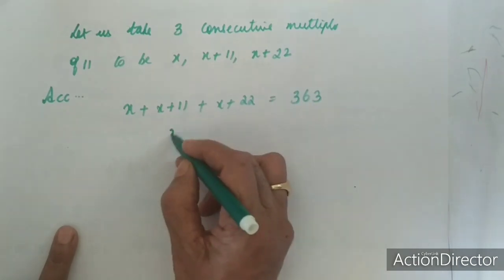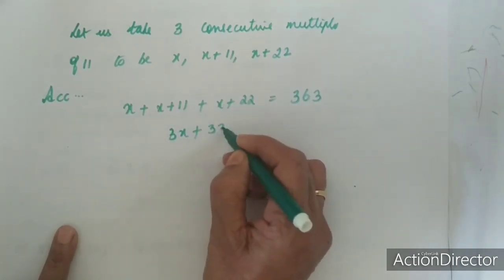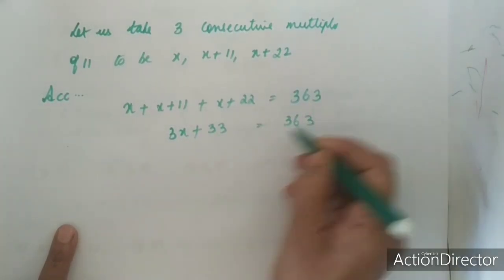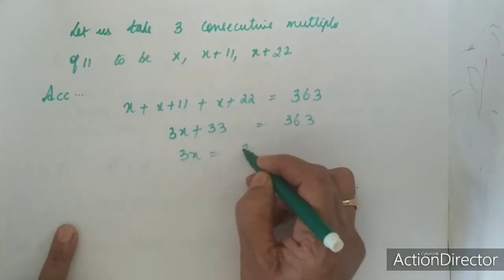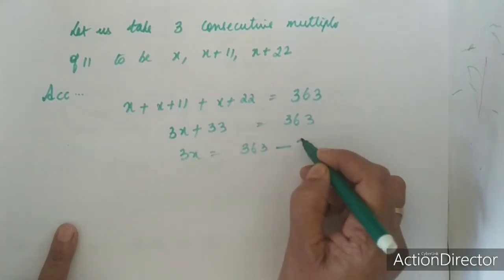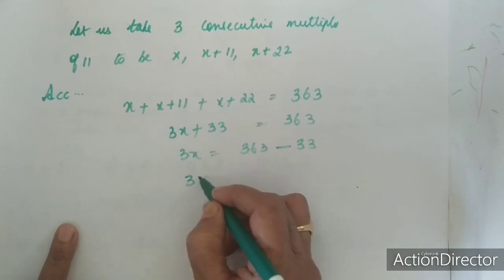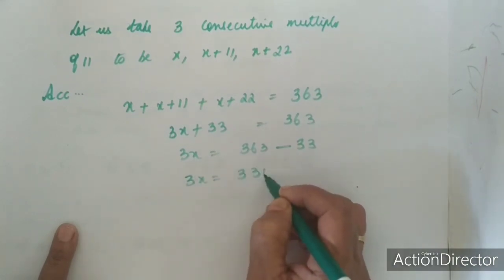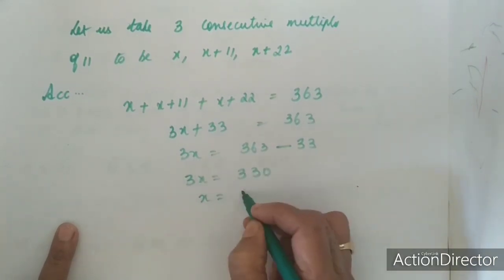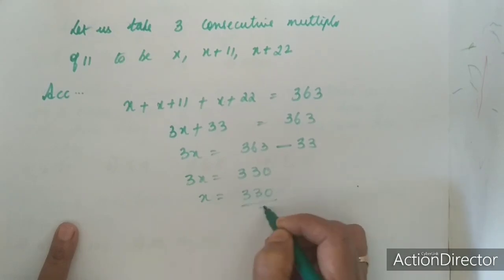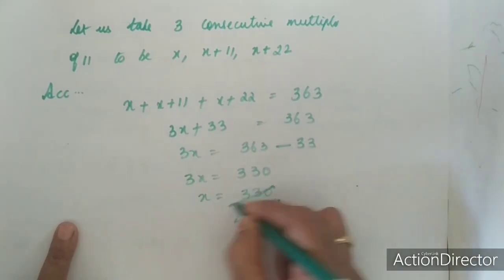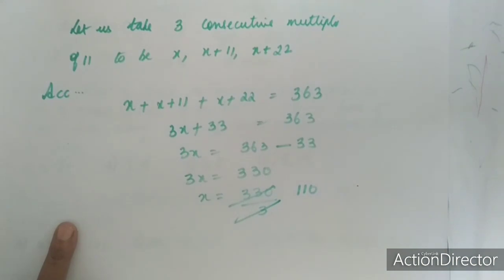So 3x plus 33 is equal to 363. 3x is equal to 363 minus 33, or 3x is equal to 330, or x is equal to 330 upon 3, which is equal to 110.